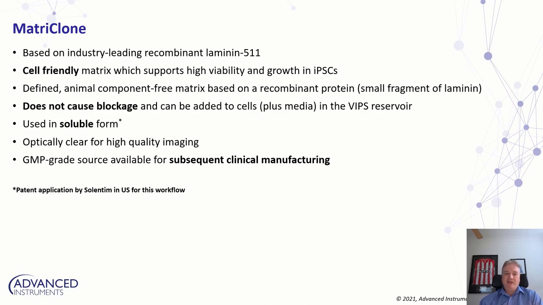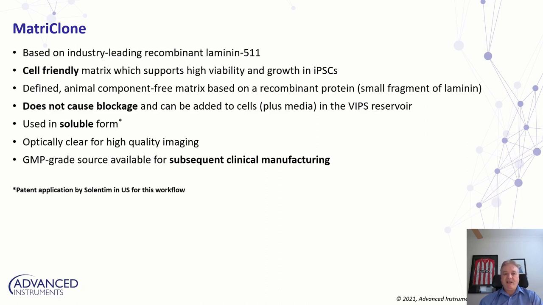The key feature of this is we actually use it in a soluble form. So we actually have it in the cell reservoir with the cells while we're seeding. It's a cell-friendly matrix which supports high viability and good growth of iPSCs. Importantly, when we get to manufacturing, it's defined, animal component free, based on a small recombinant fragment of laminin. Doesn't cause blockages in the nozzle when it's being dispensed.